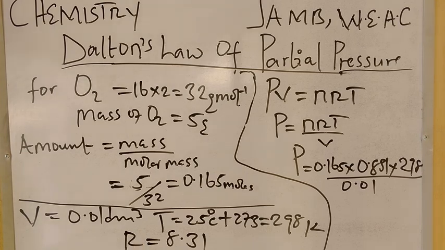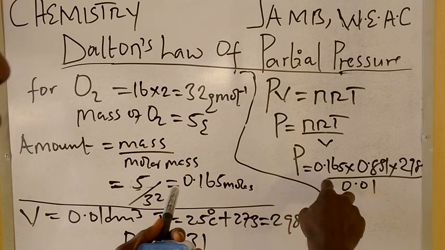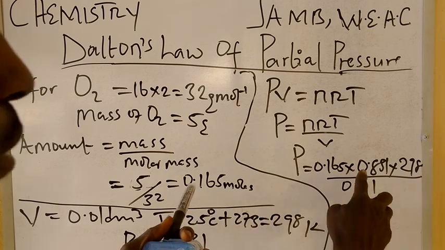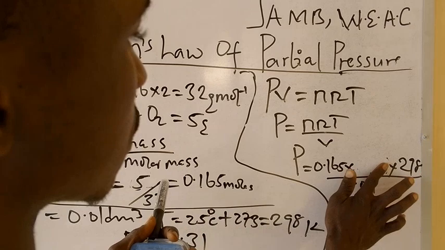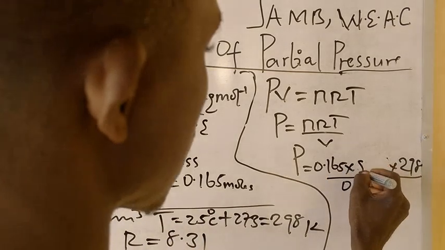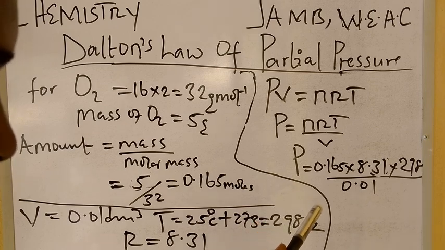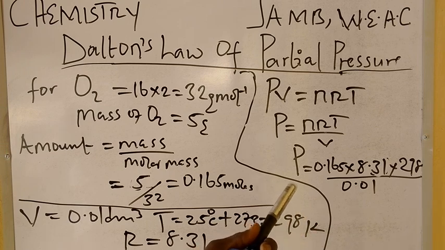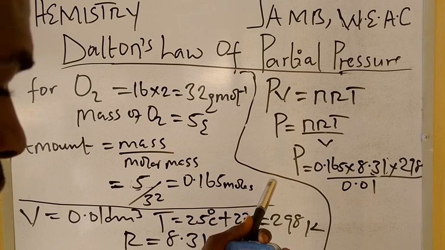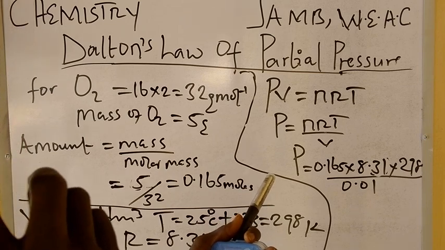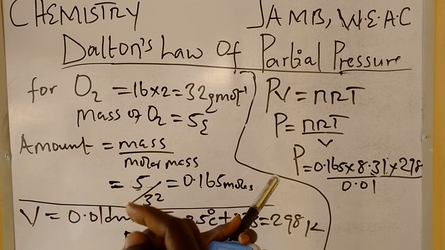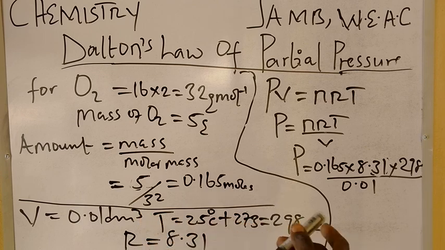If you multiply the whole of this, 0.165 times 8.31, then times 298, then divide by 0.01, this gives 38.69.